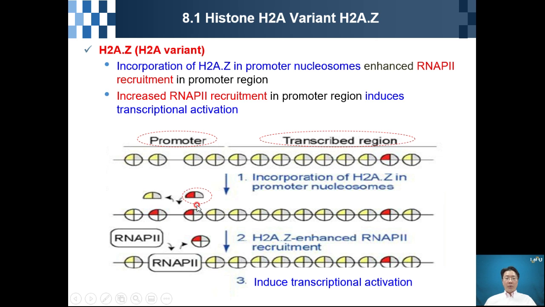This incorporation enhances RNA polymerase II recruitment in the promoter region, and that increased recruitment induces transcriptional activation. So this is another special characteristic of H2AZ.